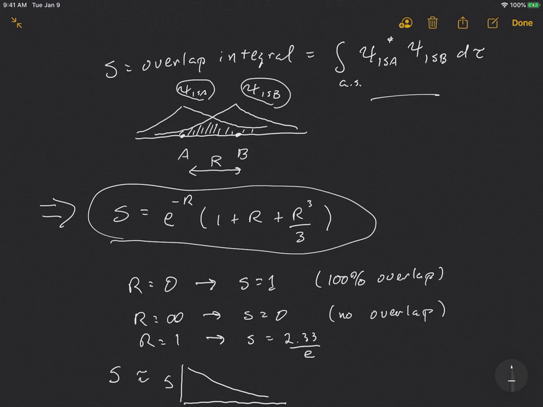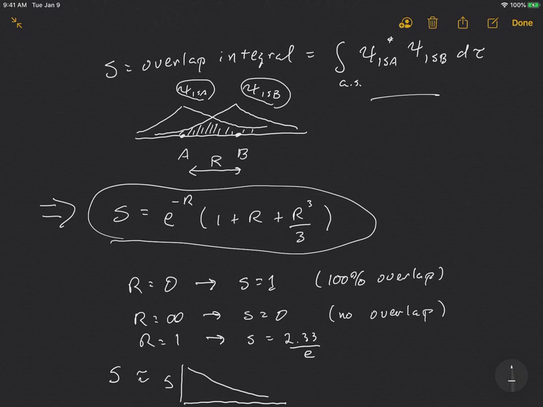At R equals 0, we plug that value in, we get e to the minus 0, which is 1, and then the part in parentheses, we get 1 plus 0 over 3, so S equals 1 at R equals 0. Similarly, we can plug in R equals infinity, and we see that S equals 0.